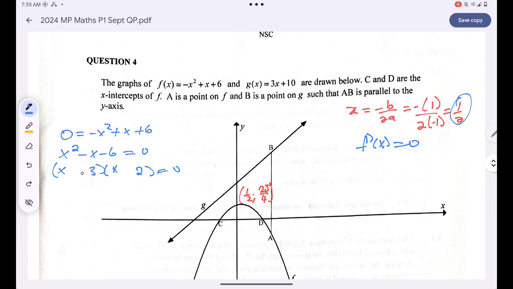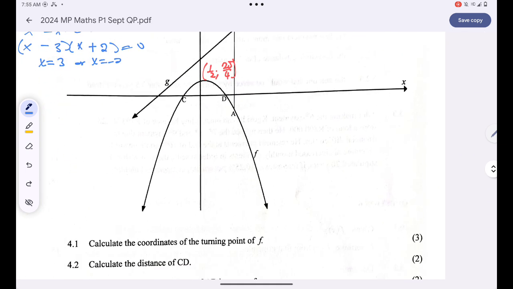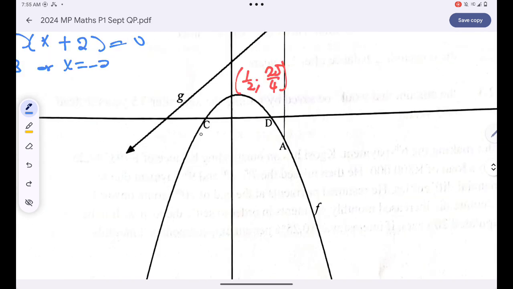And then since my sign over there is negative, it simply means my brackets will have different signs, and the bigger factor between the two will always take the sign of the middle term. So I have negative and positive over there. That means x is 3 or x is negative 2. So the x value at C is negative 2 while the y value is 0. And then over there I have positive 3 and 0.